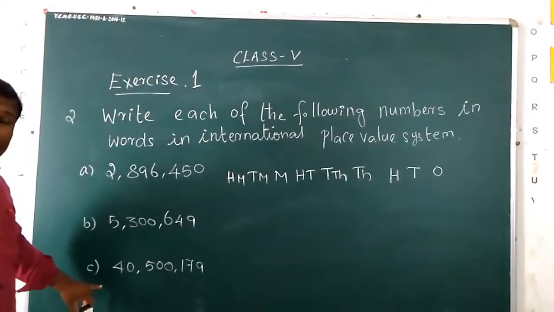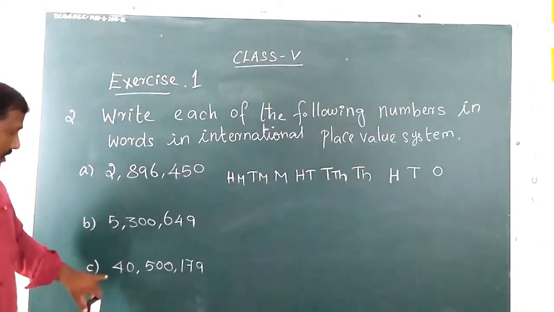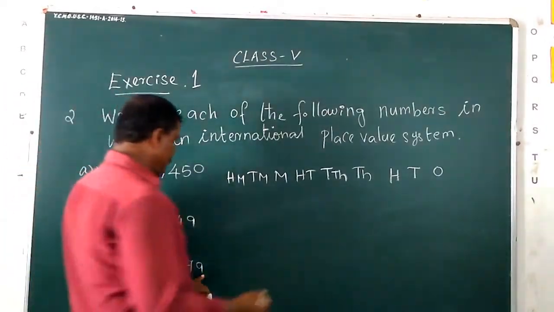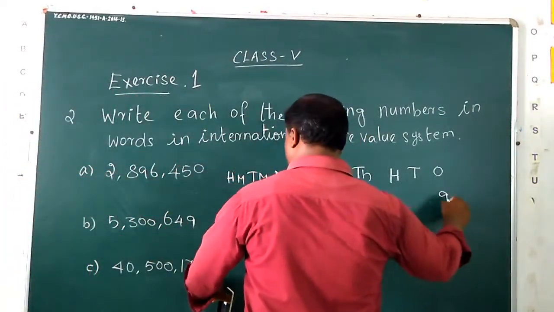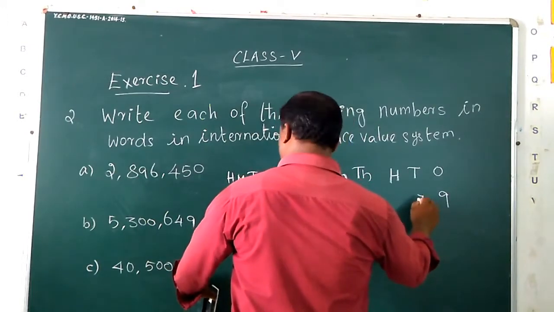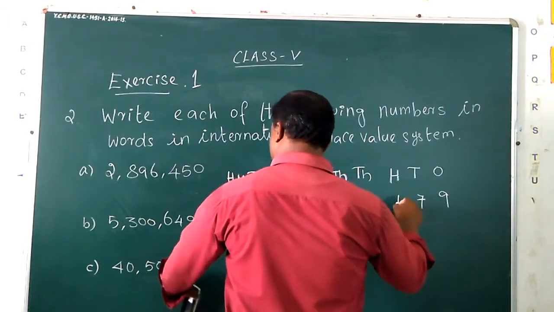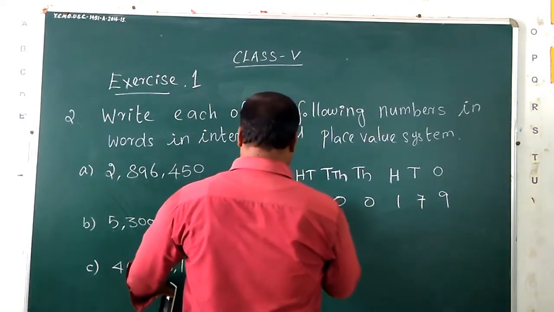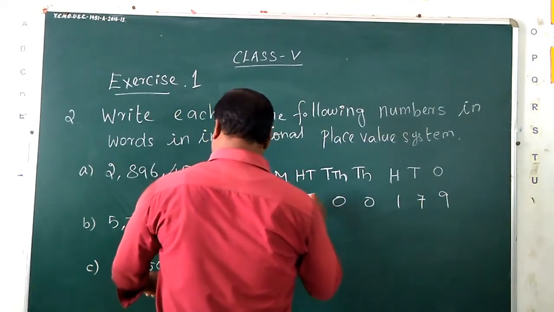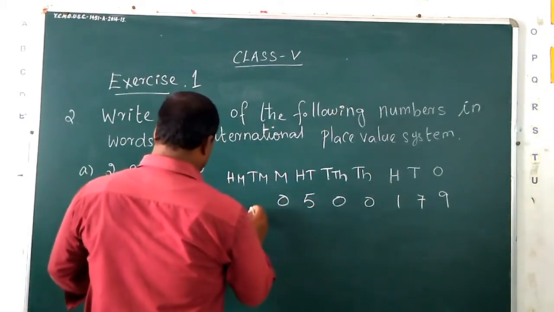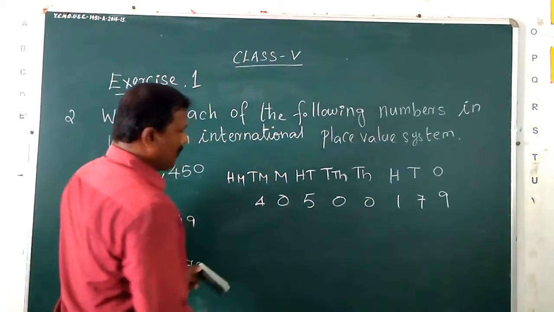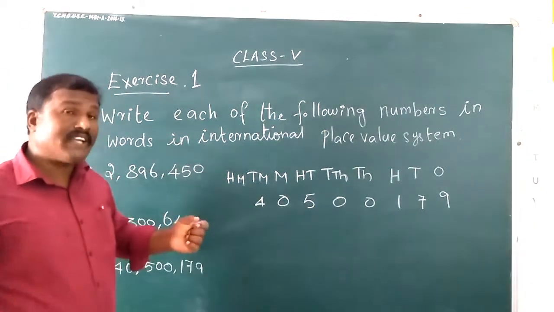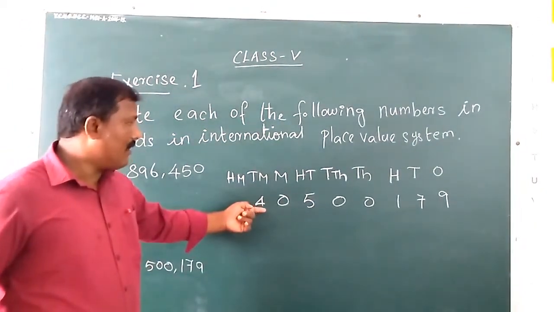Now I will place the digits into the table, starting with the ones period: ones place, tens place, hundreds place, thousands place, ten thousands place, hundred thousands place, million place, ten million place. So I place the digits into the table. Now we can read the ten million place.